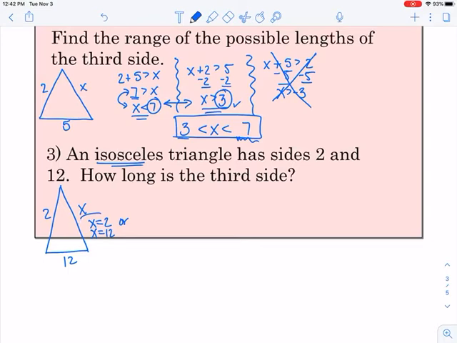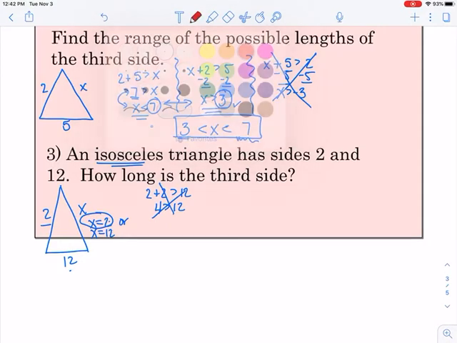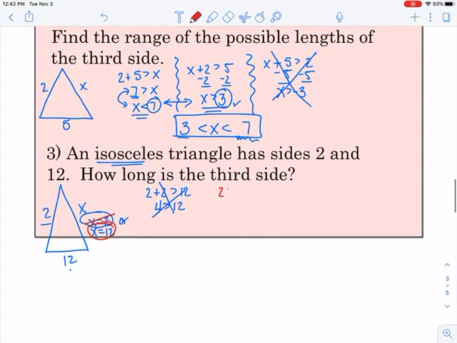So let's say I start with the number 2. I have one side that is 2, I'm going to assume another side is 2, and then I have 12. So if I do 2 plus 2, that needs to be greater than 12. Last time I checked, 4 was not greater than 12. So I think we're going to have to use the 12 instead. Now if I did 2 plus 12, that would have to be greater than 12, and 14 is greater than 12.